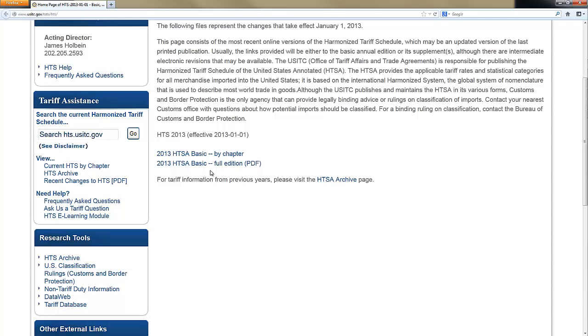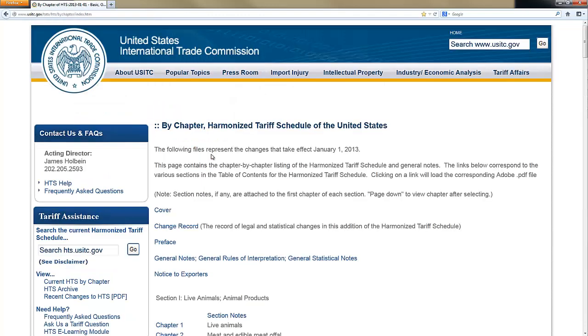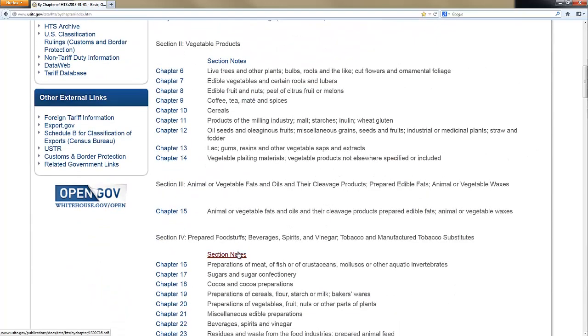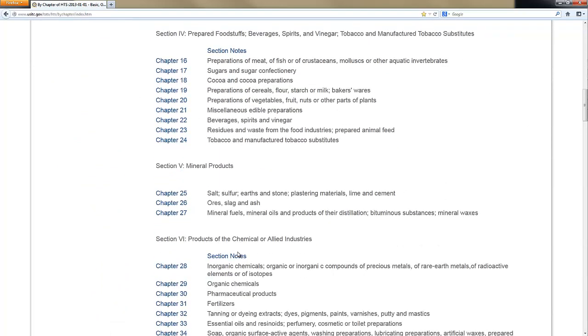For those of us like myself who work in international business, we usually download the full tariff. But let's say that you're only interested in one product. You would select 2013 HTSA Basic by chapter. And as you scroll through the list, you can see that all types of products are listed in the tariff.